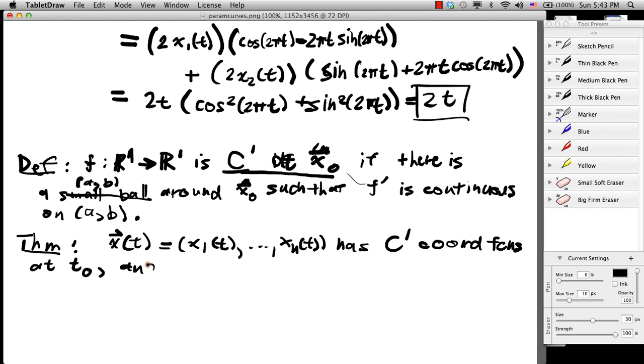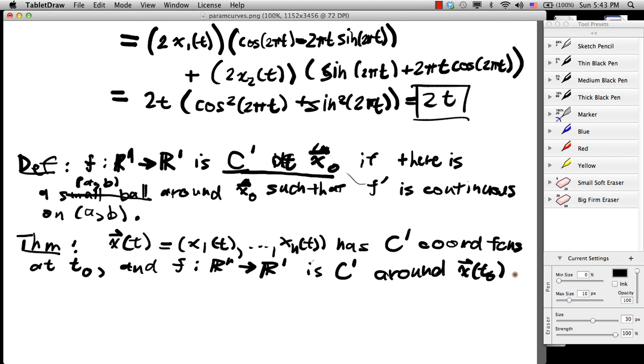And f from Rn into R1 is C1 around x of t naught. So actually we can ask for the derivative there to be continuous around this point. Then, this means that all the partial derivatives are continuous around this point.